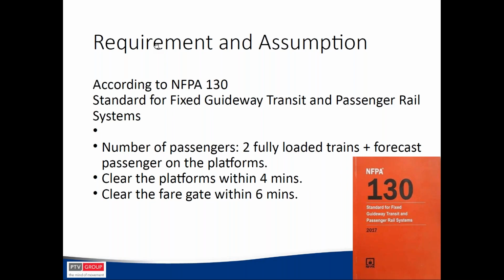So in total, some stations would contain up to 2,000 passengers during the incident. And all passengers must leave the platform within 4 minutes, and all must reach the fare gate within 6 minutes.